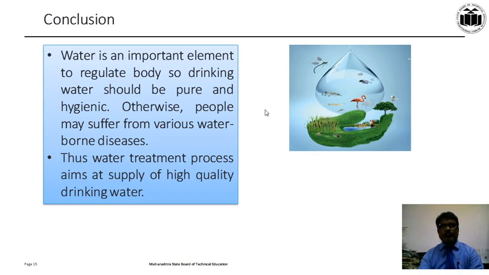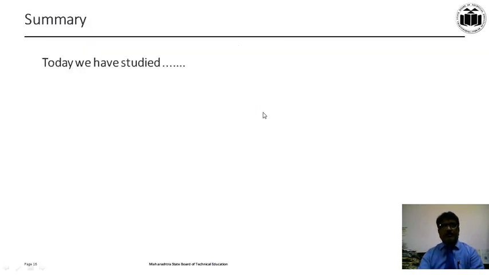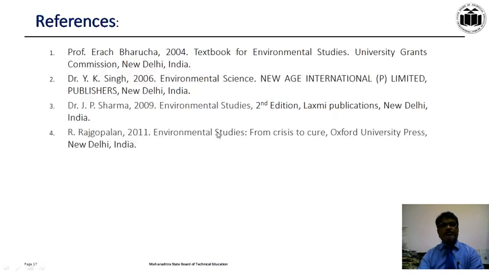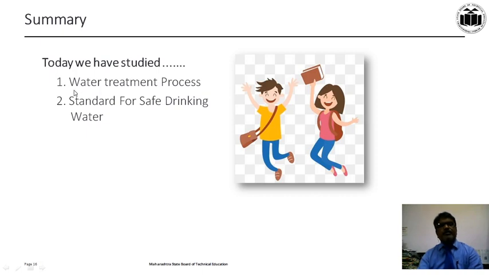Thus, the water treatment process aims at supply of high quality drinking water. So, students, what have we studied today? We have studied the water treatment process and we have studied the standards for safe drinking water.